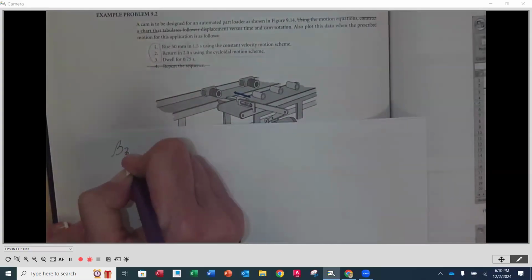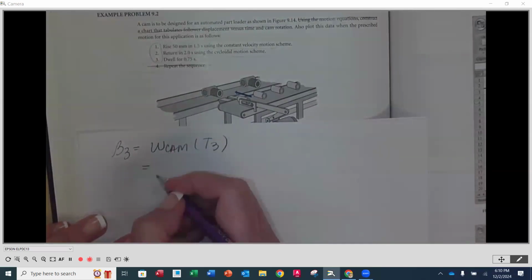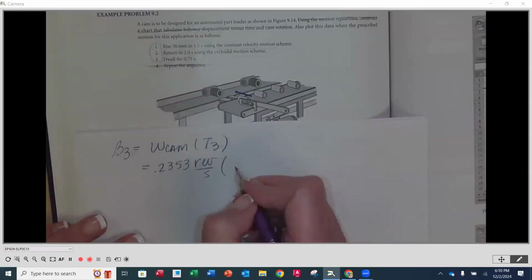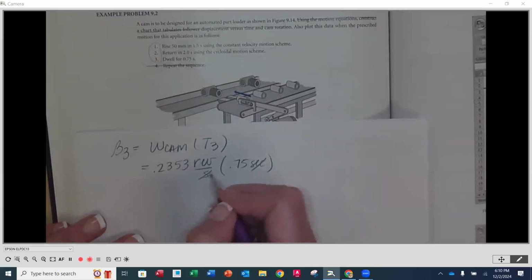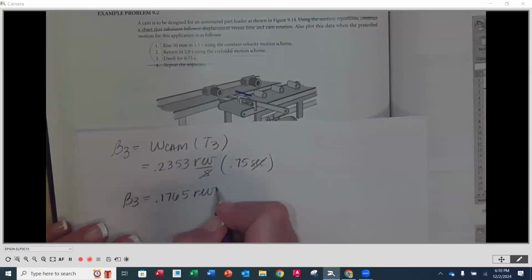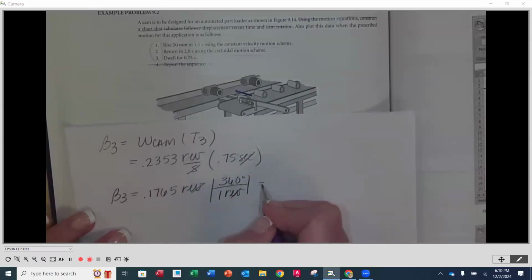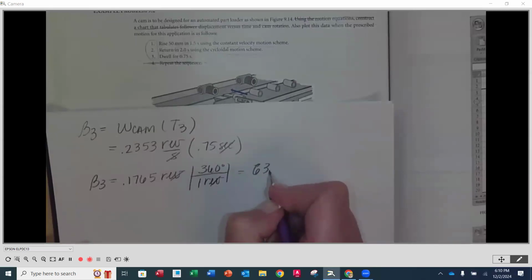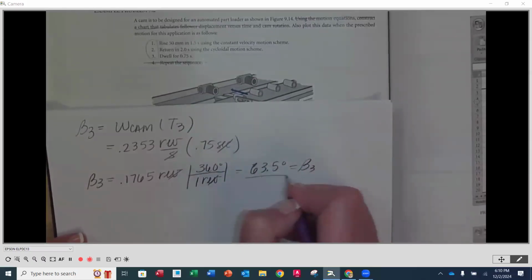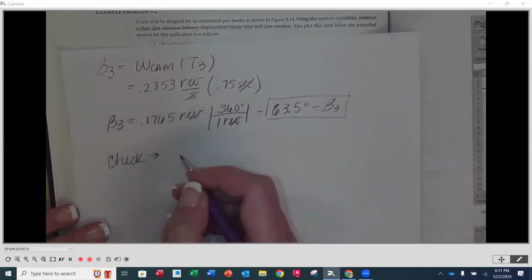And you can check in the example to see how you're doing on each one of your betas. And then make sure that you do a check.